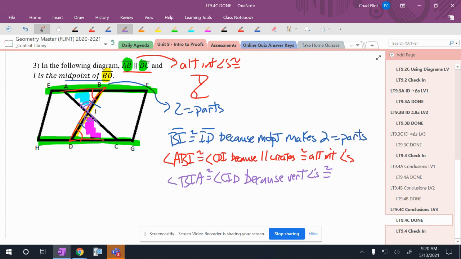Now, maybe you immediately saw, you're like, wait, Mr. Flint, there's another pair of alternate interior angles right there. And there is. So you could say angle BAI is congruent to angle DCI because parallel creates alternate interior.